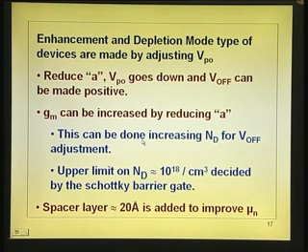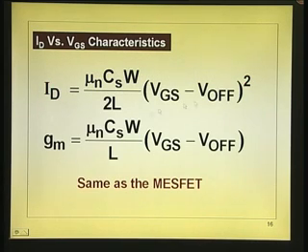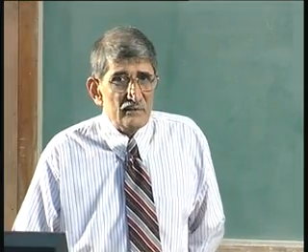In fact, you want to keep two things to be done. CS you must keep as large as possible, so you must reduce the thickness. But to change the V off, you must change the doping. So, there is some sort of optimization involved in these devices. Some of these aspects I will discuss in the next lecture, because optimization parameters are there.